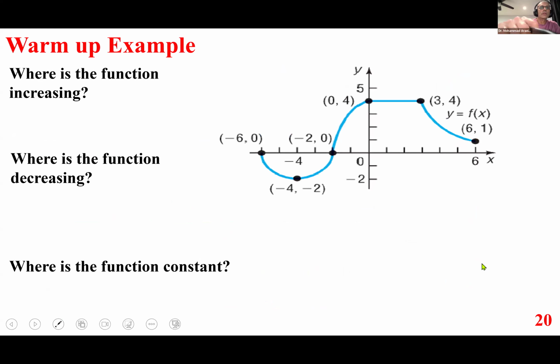All right, so let's look at this example. This is a warm-up example. So this is the shape that is given, and we are interested in finding the following. Where is the function increasing? One way to look at it, if you assume the portion you're looking at looks like a line, you know a line with a positive slope, right?